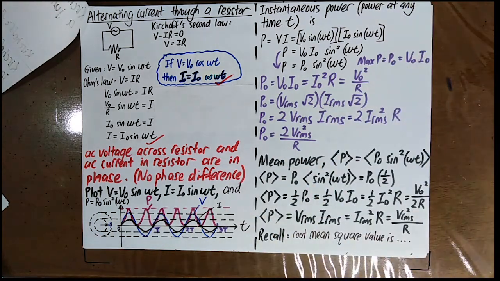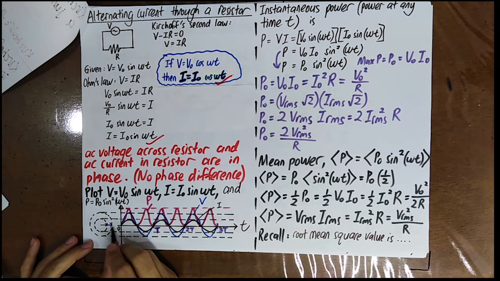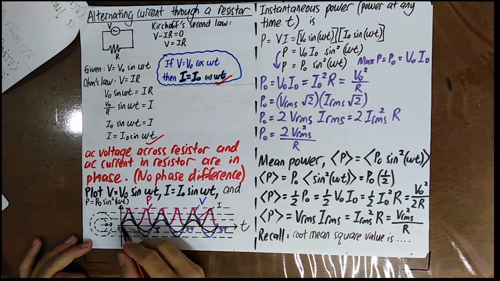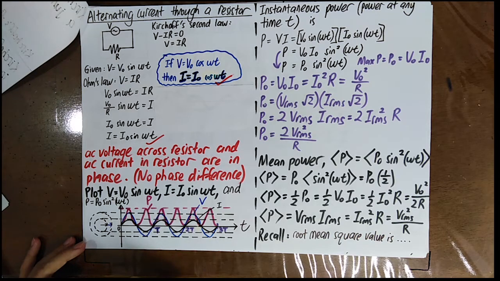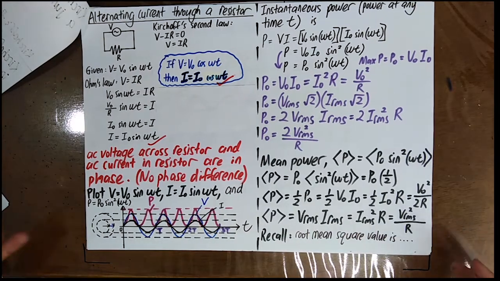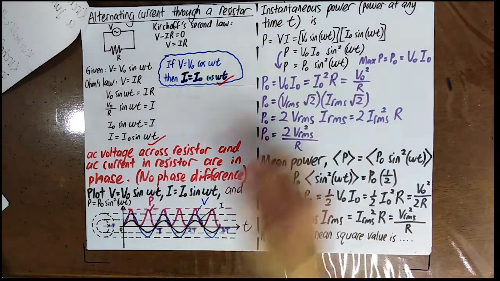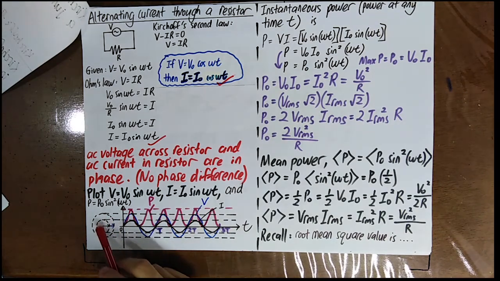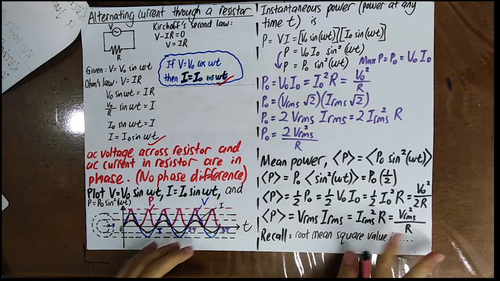That means that they are sine functions, so they are in this direction. The power is a sine square function, so it cannot be expressed in the phasor diagram. The phasor diagram can only express the positive and negative sine and cosine functions only. If this is a sine square function, then I cannot express it in terms of a phasor diagram.